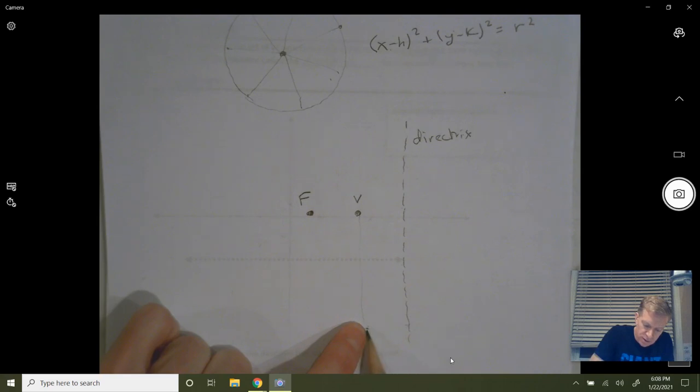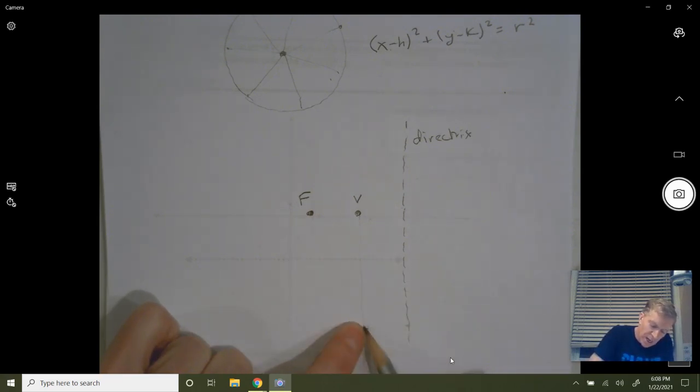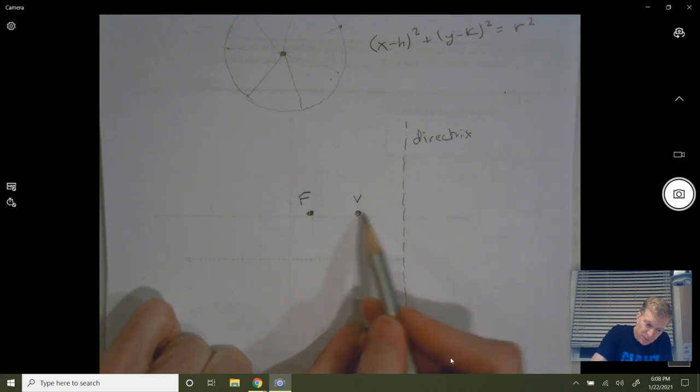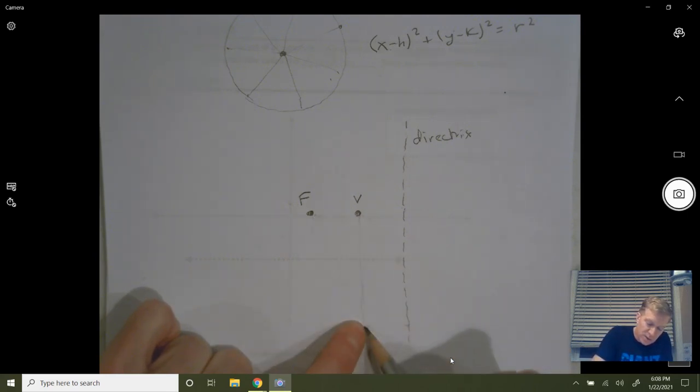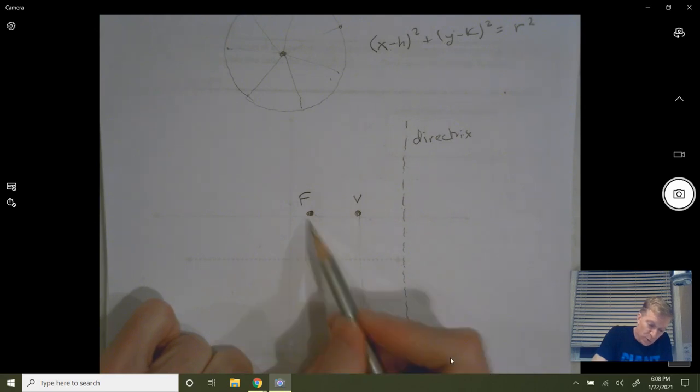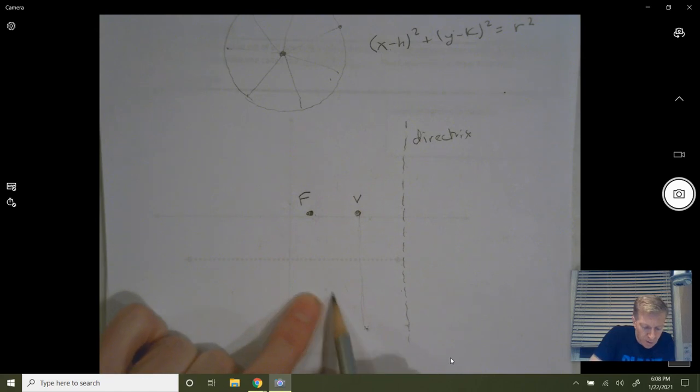Is it the same distance to the line as it is to this? No. Okay, so see how as we move away from the vertex, if we're moving parallel to that line, we're staying the same distance from here, but we're moving further away from there. So in order for this point to stay equidistant from this point and this line, it's got to start moving away. So maybe about here.